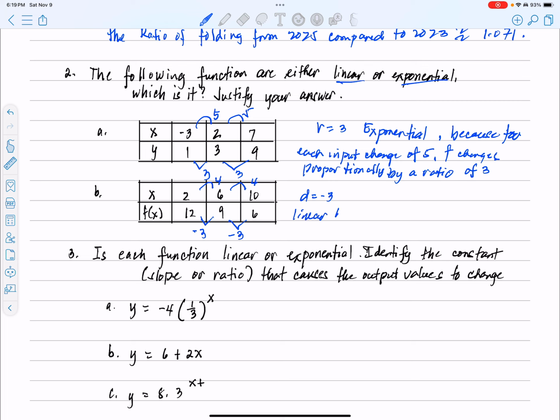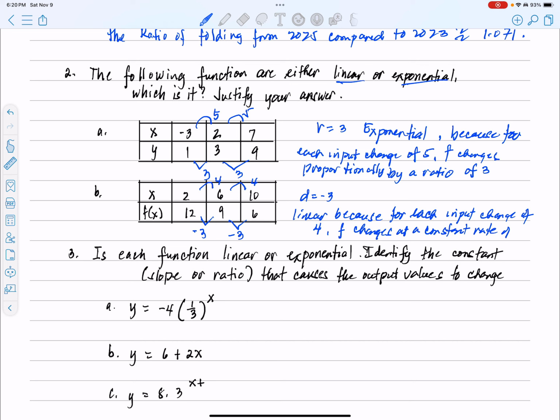So what's the reason? Because for each input, that is the x, there is a change in input of 4. What happened to our function? The output value changes at a constant rate of negative 3.